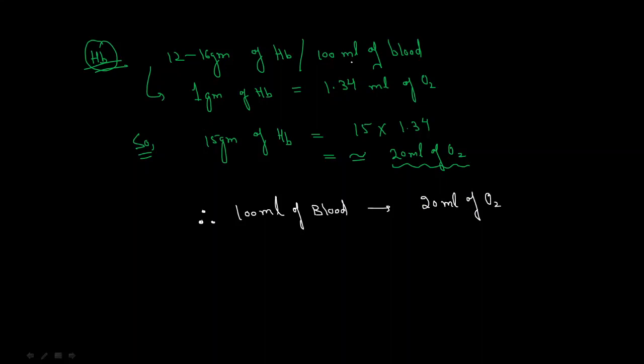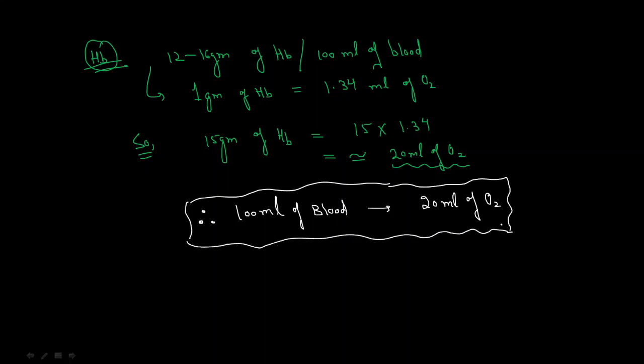Because per 100 ml of blood we have approximately 15 gram of hemoglobin, and 15 gram of hemoglobin has 20 ml of oxygen. So per 100 ml of blood we have 20 ml of oxygen. Another fact that you need to remember.